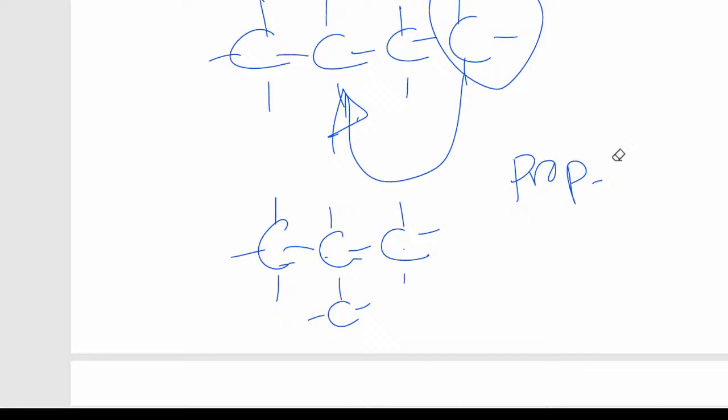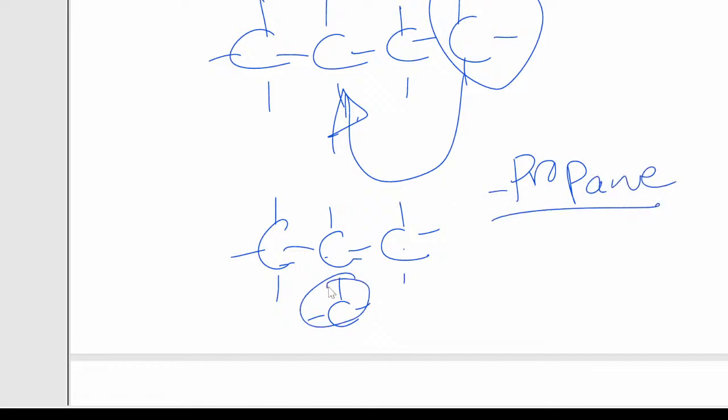It's propane, because it's an alkane, but it has a side group which is on carbon atom number 2. So it's methyl. Methyl is a methyl, but it is on carbon atom number 2. Therefore, it's 2-methylpropane. Did you get it right?